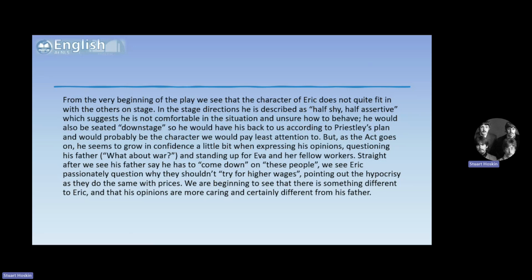But as the act goes on, he seems to grow in confidence a little bit when expressing his opinions, questioning his father, what about war, and standing up for Eva and her fellow workers. Straight after we see his father say he has to come down on these people, we see Eric passionately question why they shouldn't try for higher wages, pointing out the hypocrisy as they do the same with prices. We're beginning to see that there is something different to Eric and that his opinions are more caring, certainly different from his father.